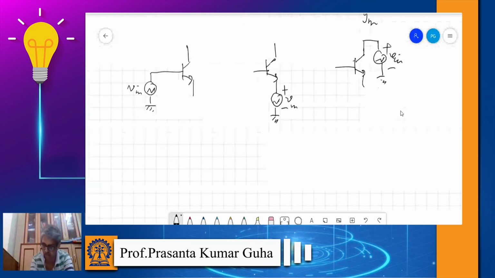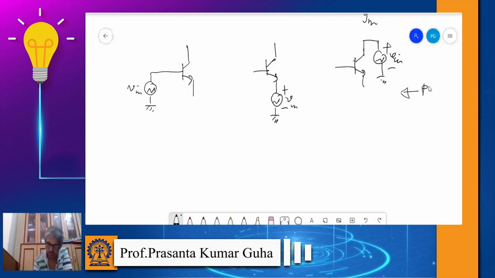These are all the possible input connections.